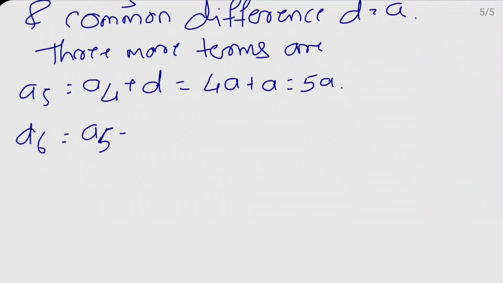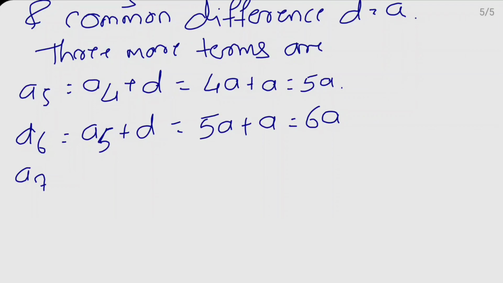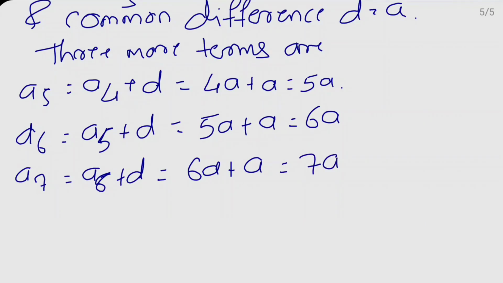Next A6 is A5 plus D. So A5 is 5A plus D is A. 5A plus A is 6A. Next A7 is A6 plus D. A6 is 6A plus D is A. 6A plus A is 7A.